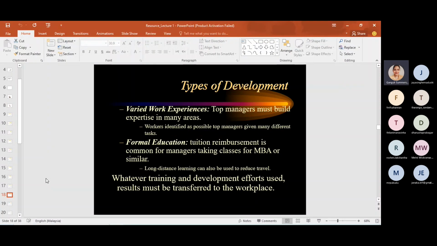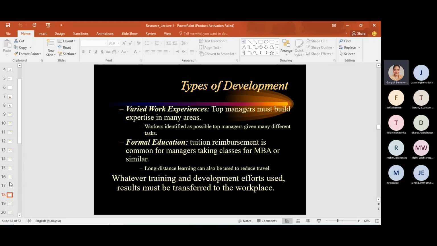There are some organizations who do that, providing classes or academic support for the managers who are currently doing their MBA or other degrees. So that is also very important for their development, right? So formal education is another method through which you can provide development to people.